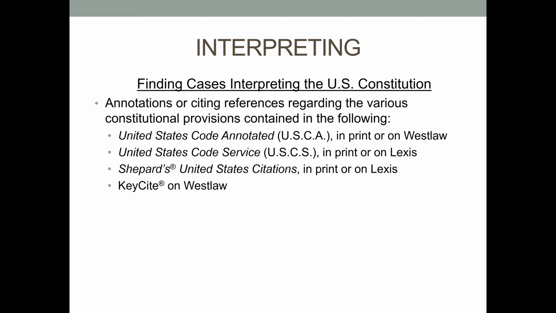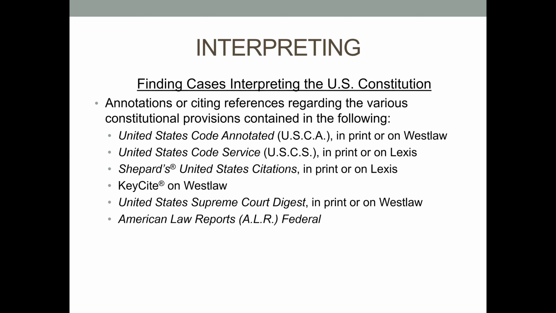The parallel feature on Westlaw is called KeyCite, and I'll show you an example of how that works in just a second. Also, if you have the United States Supreme Court Digest, either in print or on Westlaw, you can look up a constitutional issue and then see headnotes from all of the published cases that have addressed that particular topic or subtopic relating to the constitutional provision in question.